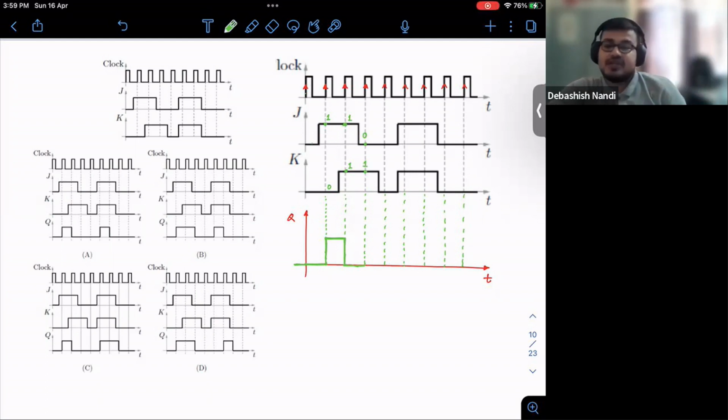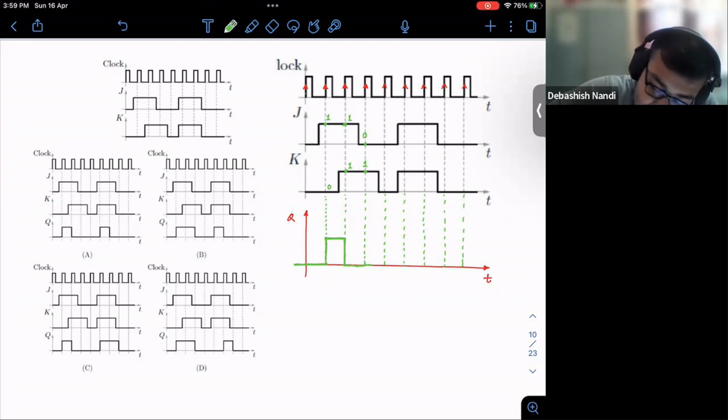So 0 1 will lead to me output as 0. Fine. So it will allow me to hold the 0 value till this point. Again, I am repeating that this was 0, this was 0, and I have encountered at this place 0 0. Fine. So it will hold the state.